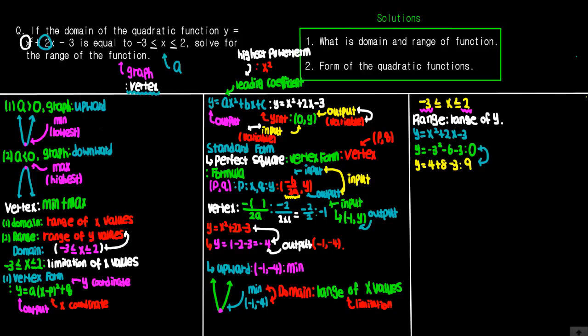If you input 2, it will be y is equal to 4 plus 8 minus 3, which gives us 9. So our answer for this question is going to be the range. We're talking about the y value. Y can be greater than or equal to the lowest one, 0, and less than or equal to the highest one, 9.